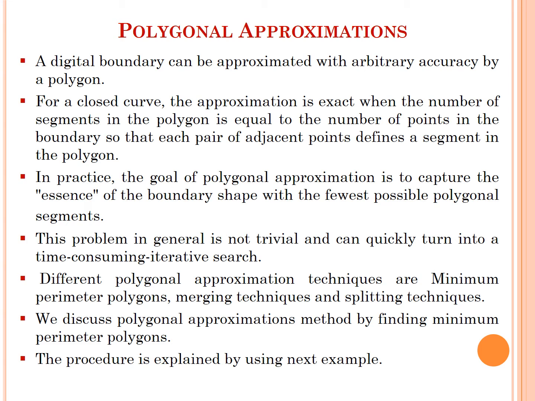In practice, the goal of polygonal approximation is to capture the essence of the boundary shape with the fewest possible polygonal segments. This problem in general is not trivial and can quickly turn into a time-consuming iterative search.